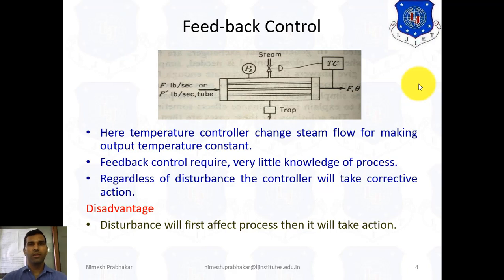That means we take action only after the disturbance comes. First the disturbance occurs, then to minimize it or reduce the deviation we use the controller and eliminate the disturbance. So this is a disadvantage of this type of control.